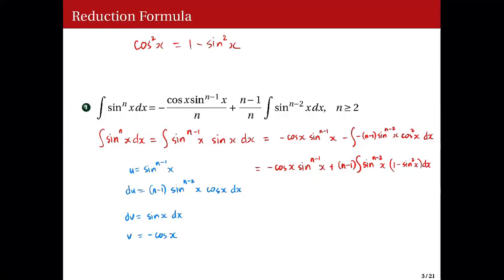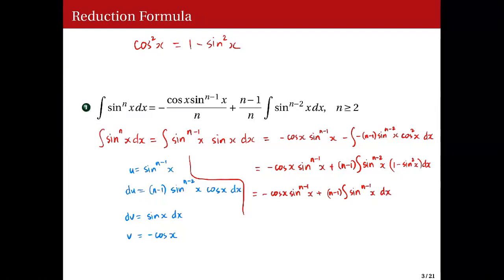And then we'll just simplify this. We distribute the sine squared x over this difference and then put the integral. So you will have negative cosine x sine raised to n minus 1 x plus n minus 1 times the integral; for this term times 1, you'll just have sine raised to n minus 2 x dx.